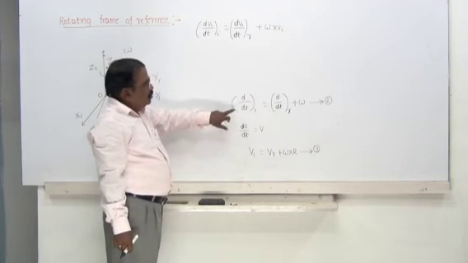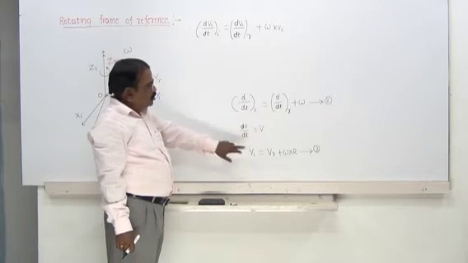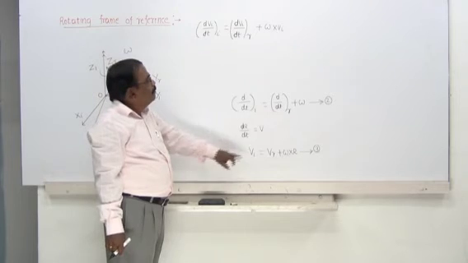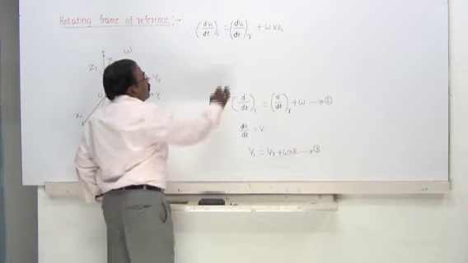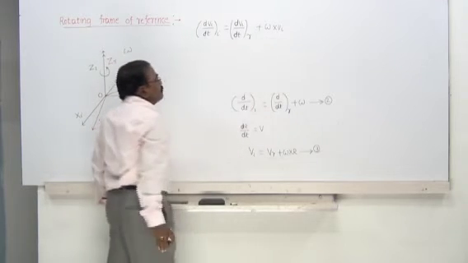So we have operated equation 2 on the velocity vector Vi. Substitute the value of Vi here on the right hand side of this equation.